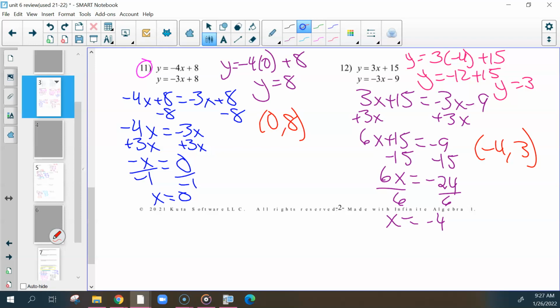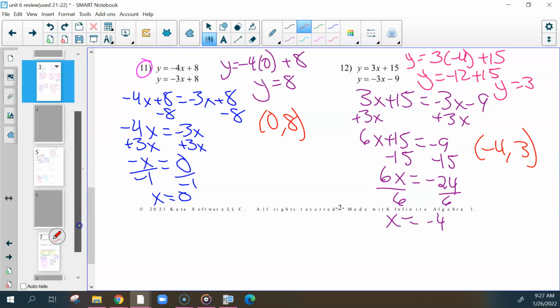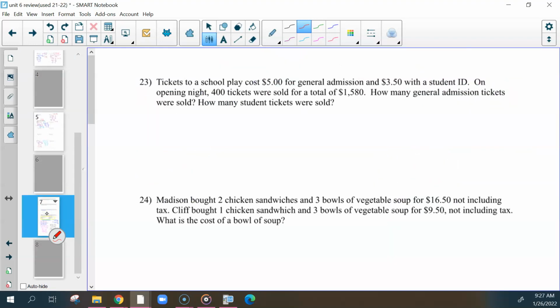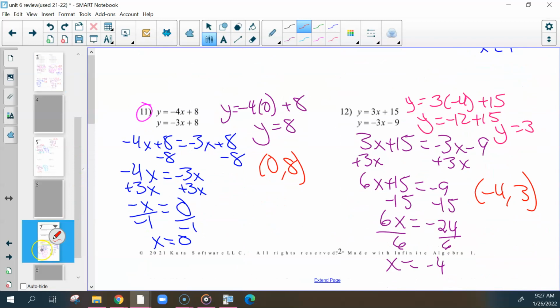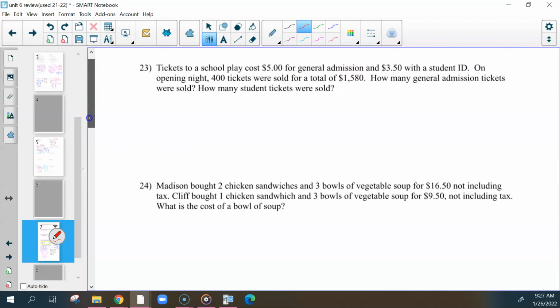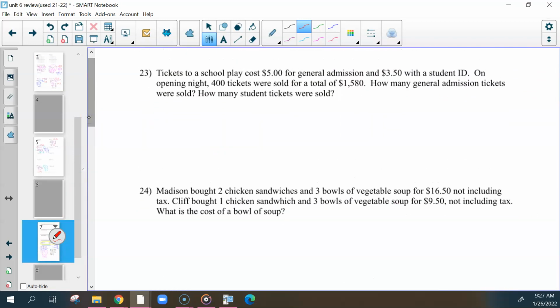Any others? No. 23. Does anyone still need 12? I'm going to set this one up and then I'll let you guys continue to solve it.